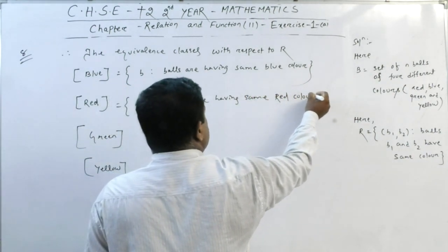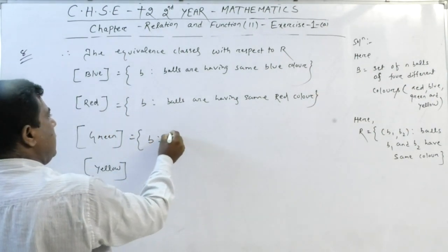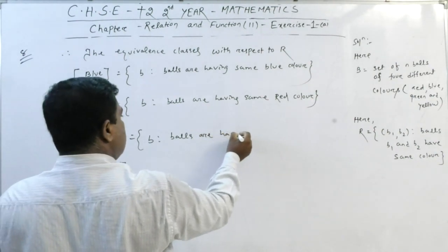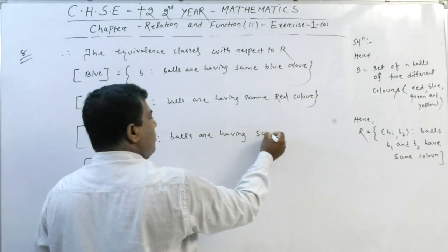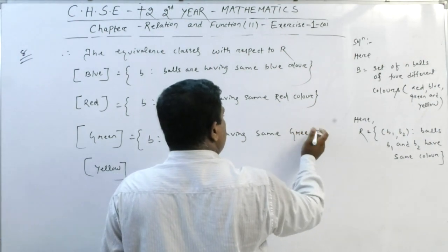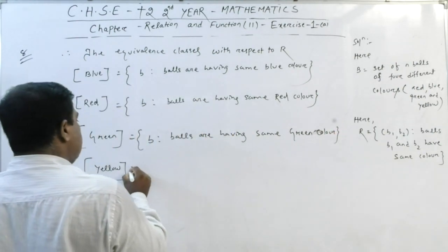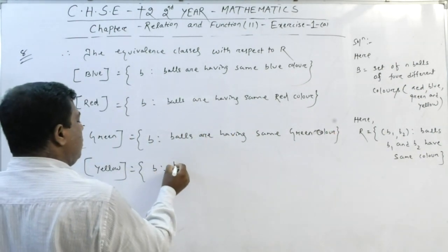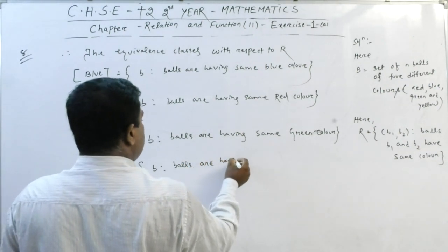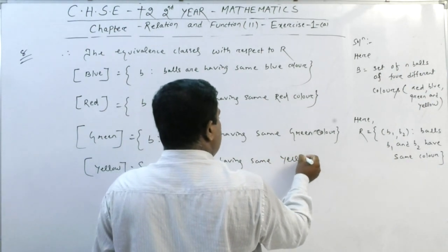It is the class green, meaning it is the set B such that the balls have the same green color. And it is the class yellow, meaning it is the set B such that the balls have the same yellow color.